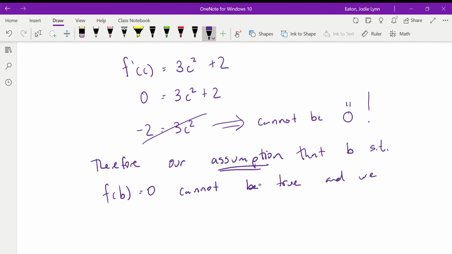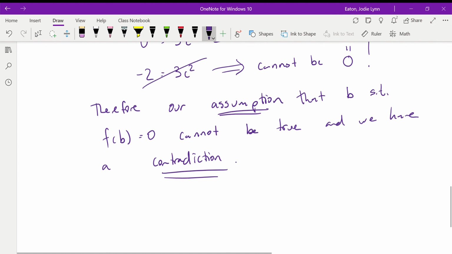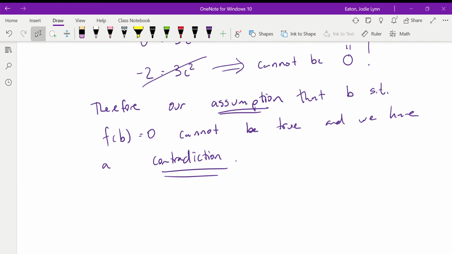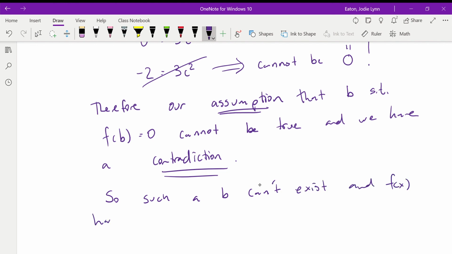And we have a contradiction. So what that means is the opposite of what we assumed has to be true. We assumed there is a b, therefore such a b cannot exist. So f of x has only one real root.